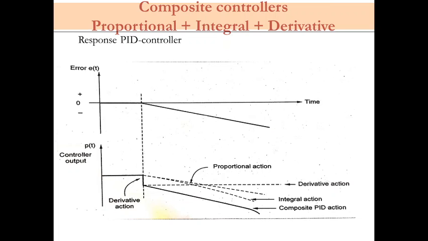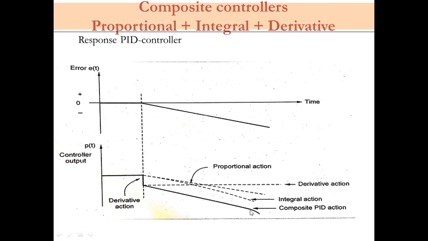This figure shows the response of the PID controller for a particular error signal, assuming direct action. So here this is for the proportional action, this is for the integral action, and this is for the derivative action. As you can observe here, the change in error will be different for the different types of controllers, but when you use the combined one, the error will decrease.